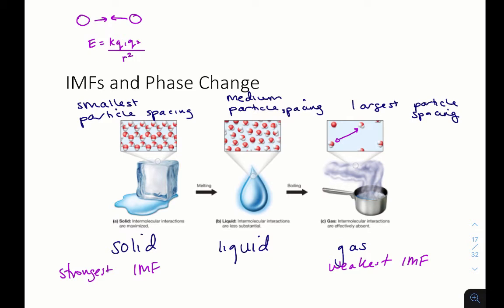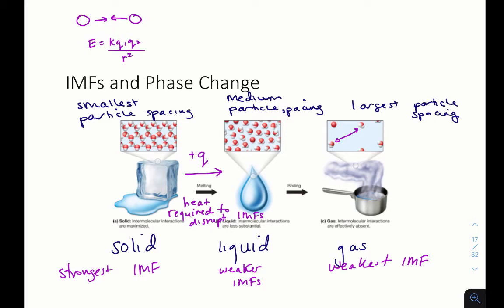So when a substance transitions from the solid to the liquid and the particle spacing increases, that disrupts the intermolecular forces of attraction, and heat must be added to disrupt those intermolecular forces, to move those particles apart. Imagine they're magnets attracting one another.